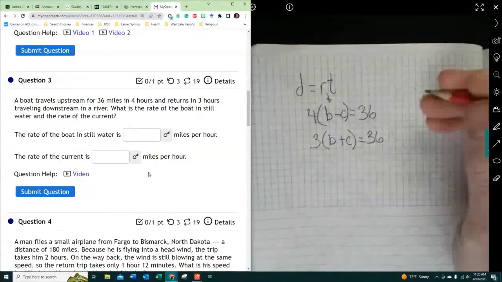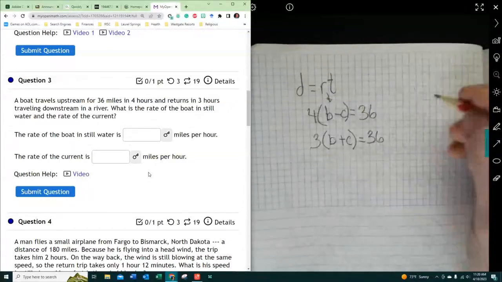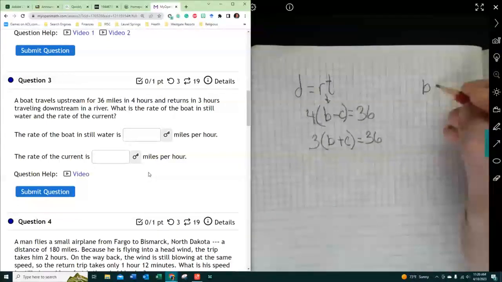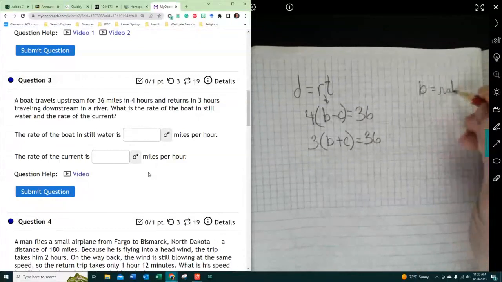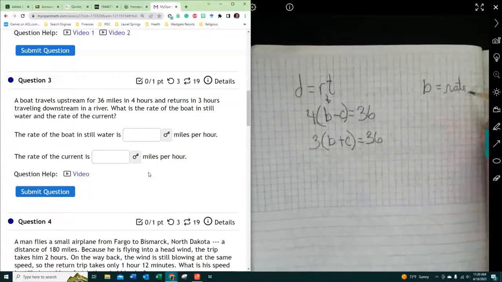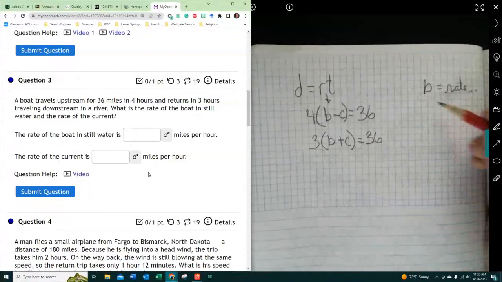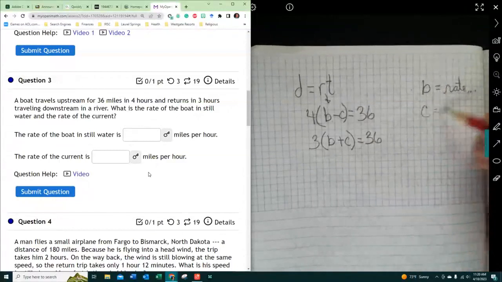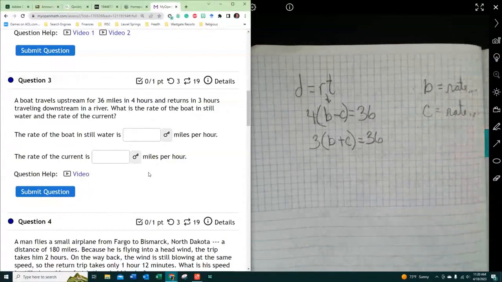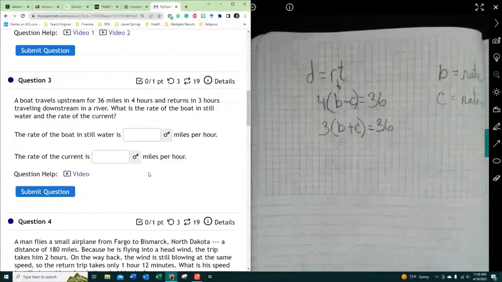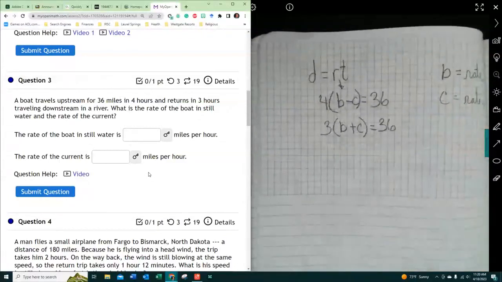And that's why I put it as B, because it says the rate of the boat. So you can say rate of boat, and then rate of the current. So it's important to understand what these letters represent.